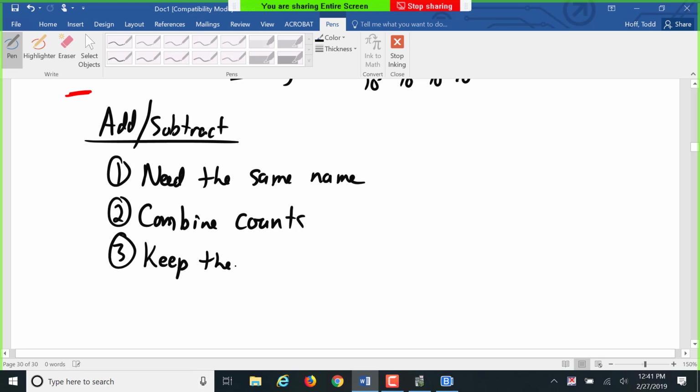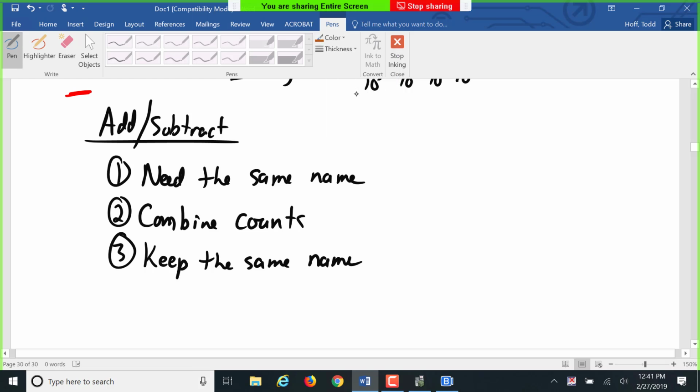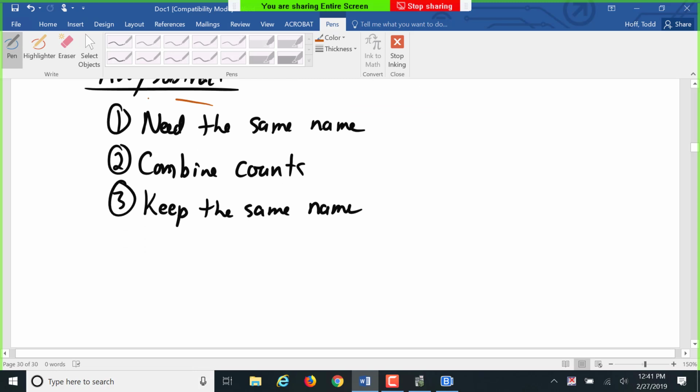We keep the same name. So when we're looking at adding or subtracting numbers in scientific notation, first of all, we need the same name, which implies that the two numbers have to have the same power of 10.